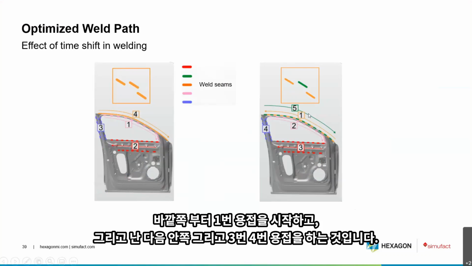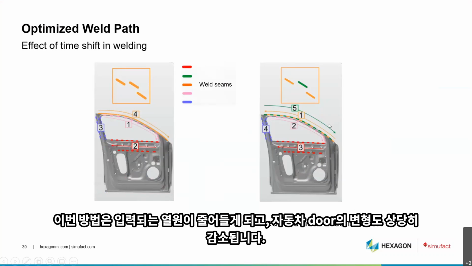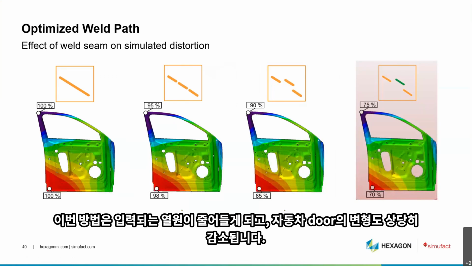but you could now have two different trajectories for one seam. Like you see here, in this example they started with the outer seam 1, then go to the inner 2, 3, 4, and then they do the green parts at the end. This leads to reduced heat accumulation, and as you see here, it leads to another very significant reduction of the distortion of the car door.